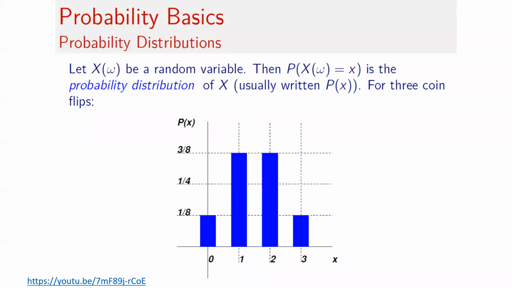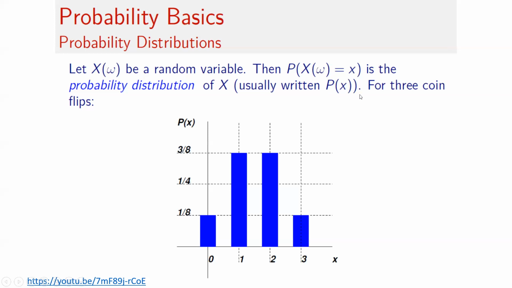Also, something important about probability is the probability distribution. If capital X of lowercase omega is a random variable, then the probability that capital X of omega is equal to lowercase x is the probability distribution of uppercase X, and it is usually written as probability of lowercase x.